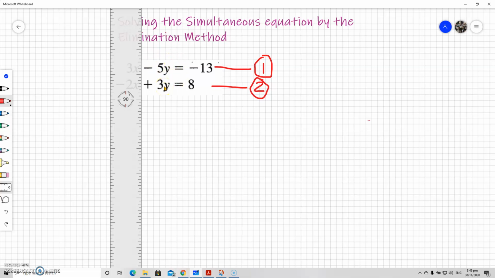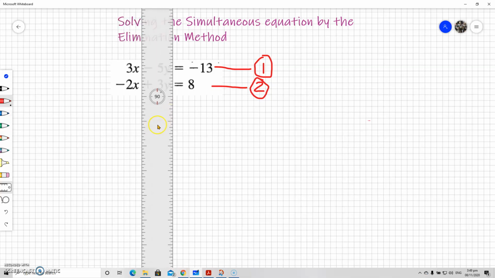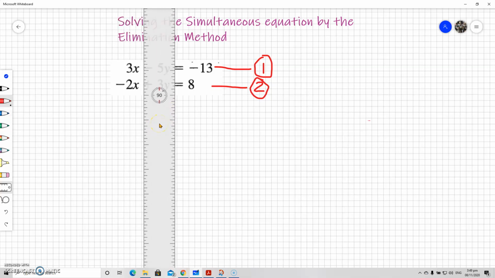If I take 3y here and multiply by 5, I'm going to get 15y. So the best way of solving this is to just multiply equation 1 by 2 and equation 2 by 3, and you end up getting 2 new equations.